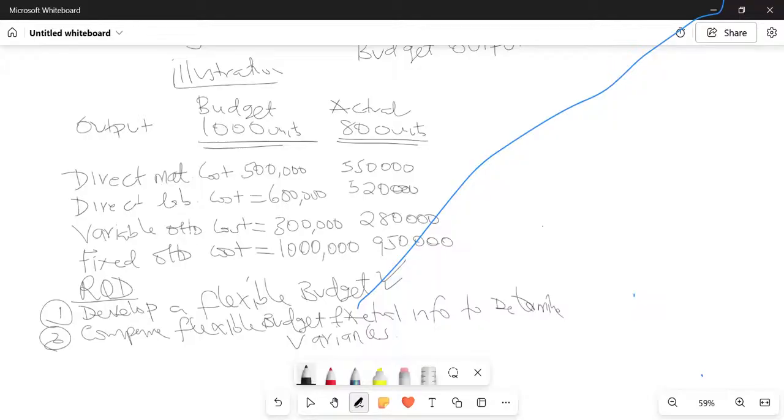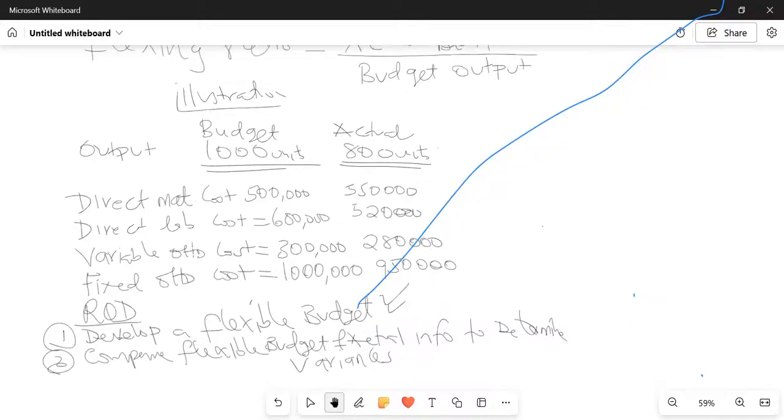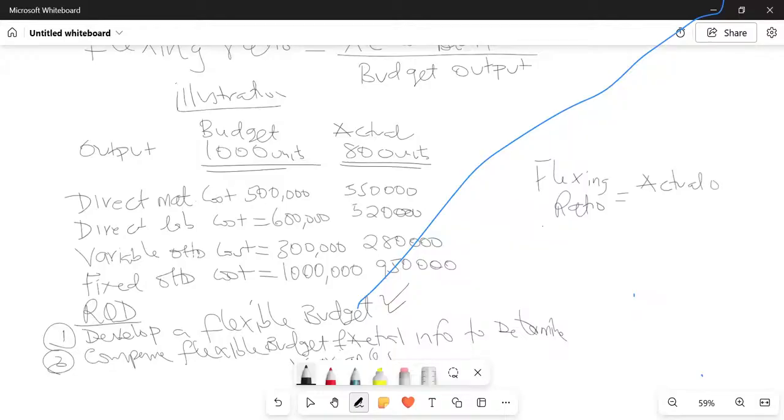Thank you very much. Because what they have known, these great ninjas, is that we have what we call the flexing ratio. To get this flexing ratio, we normally take actual output and divide it by budgeted output.